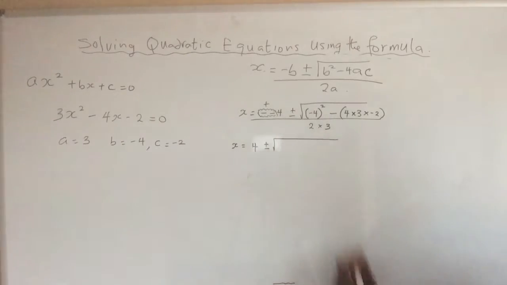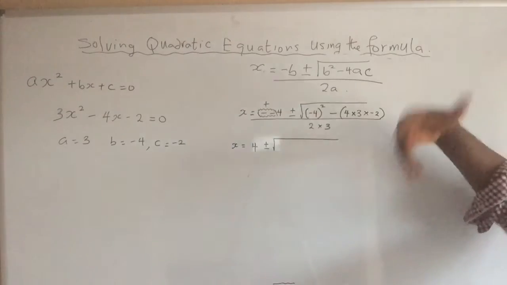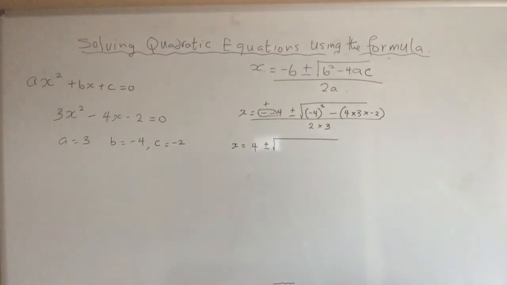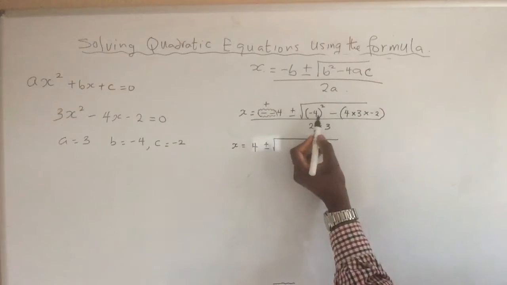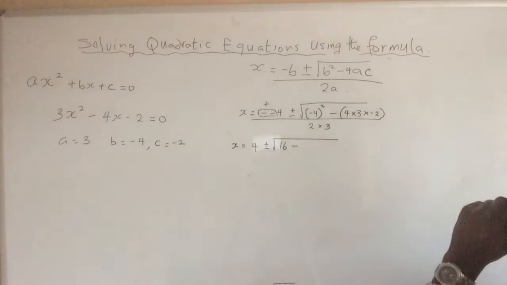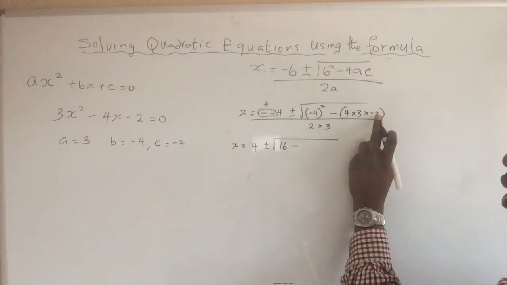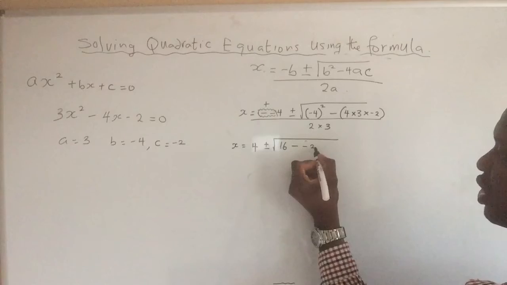the square root. Now, I need to remind you, a lot of people make mistakes here. They say, well, it's negative 4, if I square that, I'm going to get negative 16. No. Negative 4 squared means negative 4 times negative 4, and negative times negative gives you a positive answer. So this gives me 16 minus, if I multiply out this bracket, 4 times 3, 12, times minus 2, minus 24.